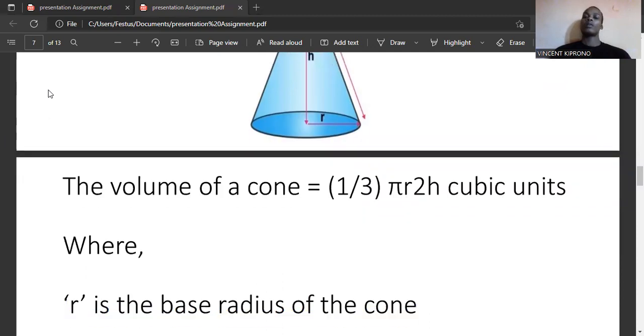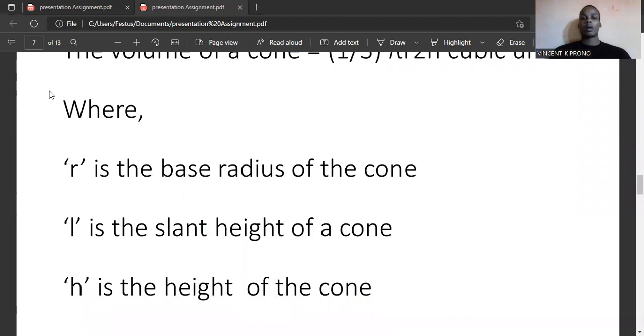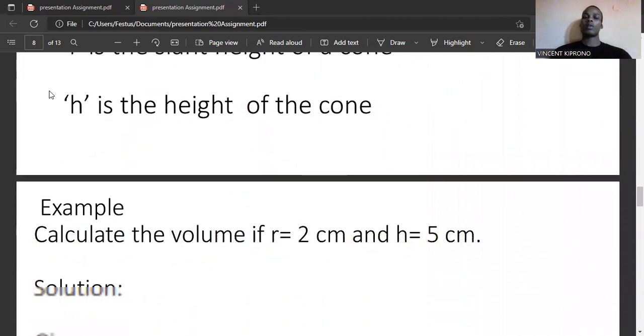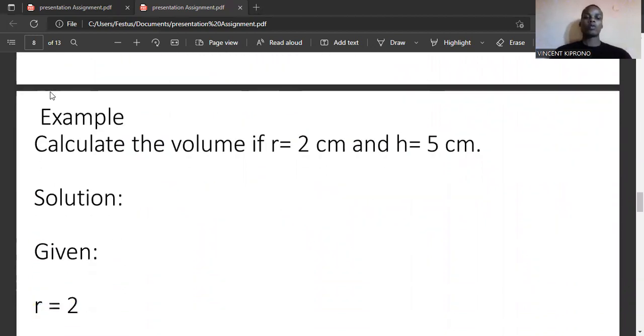And then you have the radius, which is the r, and the height, which is h. And then we have the L, which is the slant height of a cone, and H is the height of a cone. Well, let's say, for example, we are given r to be 2 centimeters and height to be 5 centimeters. So our solution will be as follows.